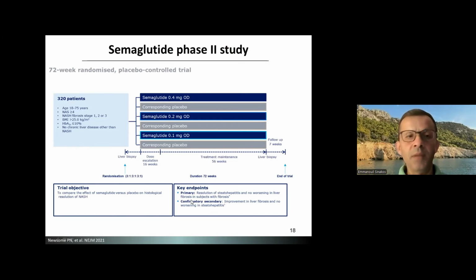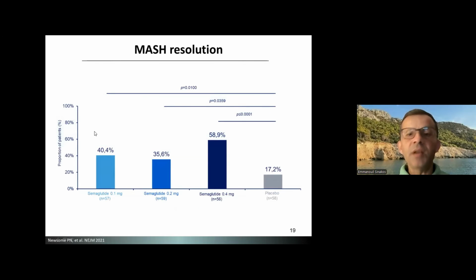And the patients were patients at risk, with NASH at risk, with fibrosis stage 2 and 3. At the end of the study, there was inclusion of a minority of patients with fibrosis 1. These are the results. There is a clear benefit with the use of drug, whatever the dose is. As you can clearly see, the better benefit is with the use of the bigger dose, 0.4 milligrams per day.